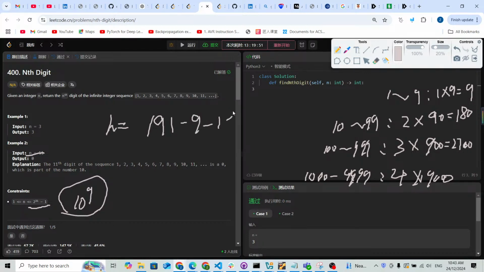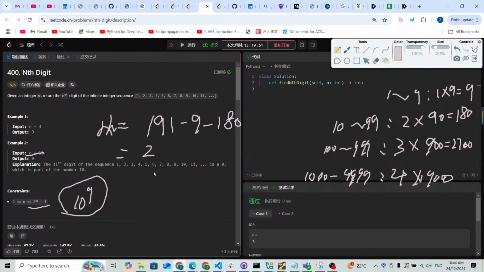So minus 9 and minus 180. What is it going to be like? If n equals 191, this is 2. Definitely it's going to be a 3-digit number, and it's going to be the second digit of this number, right?